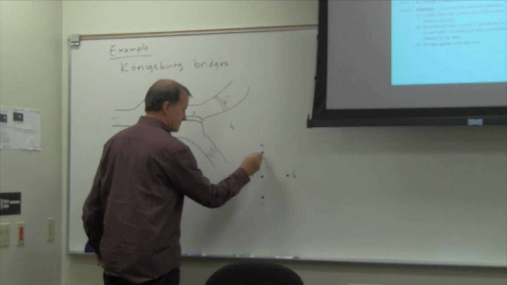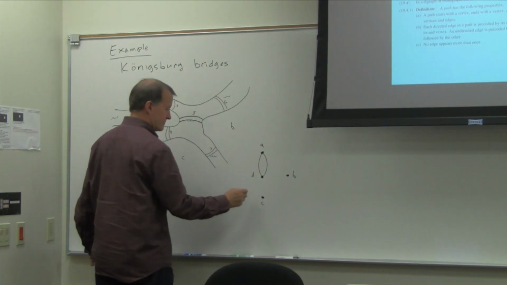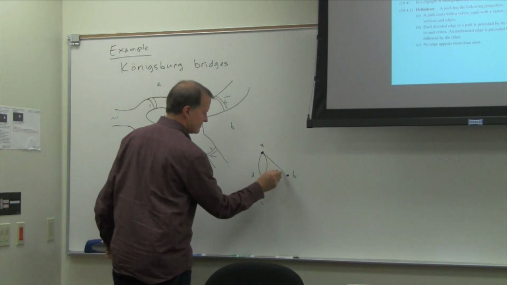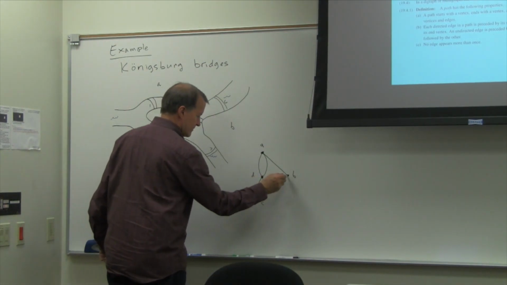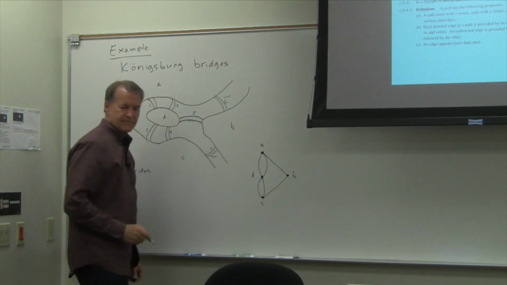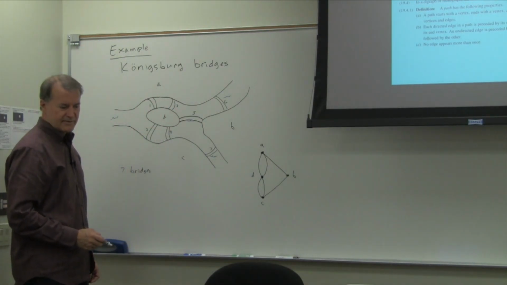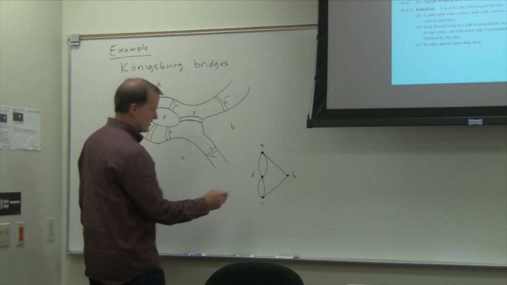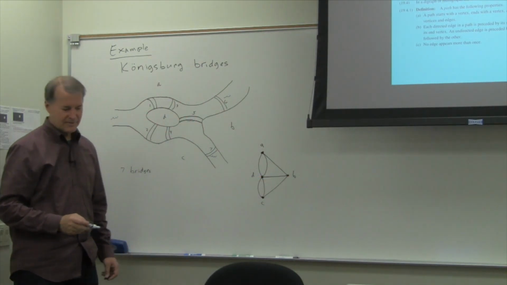There would be 2 lines from A to D. A line from A to B. 2 from A to C. One from D to B. One from C to B. Yeah? Are we good?